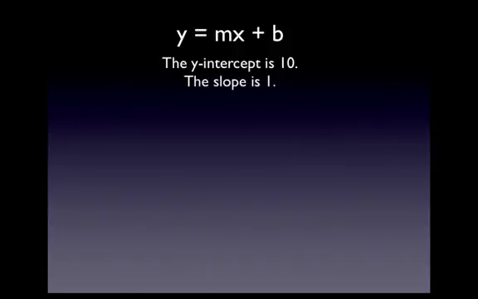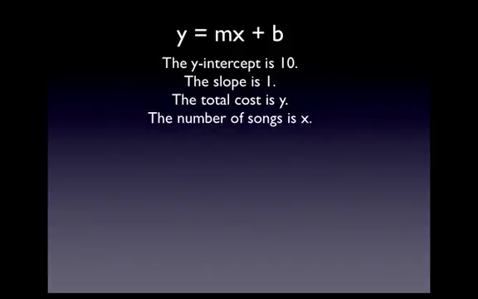We know that the slope, or m, is equal to 1. We know that y is equal to the total cost, and that x is equal to the number of songs. So let's plug this information into our slope-intercept format for an equation and see what that looks like. Well, it would be y equals x plus 10.